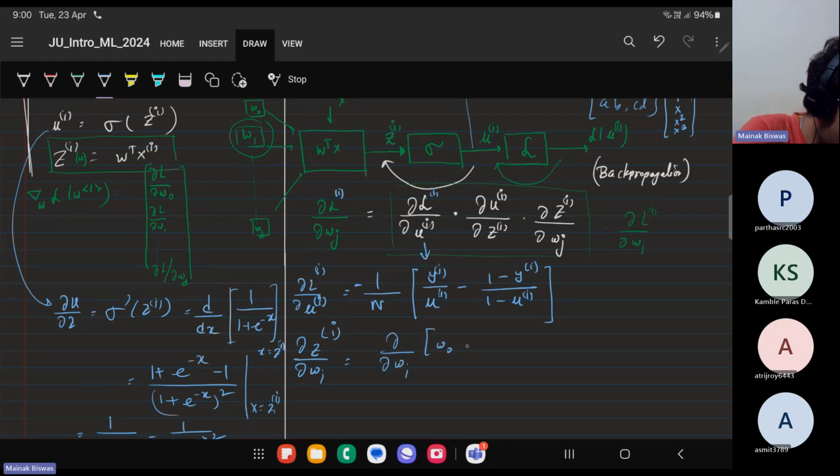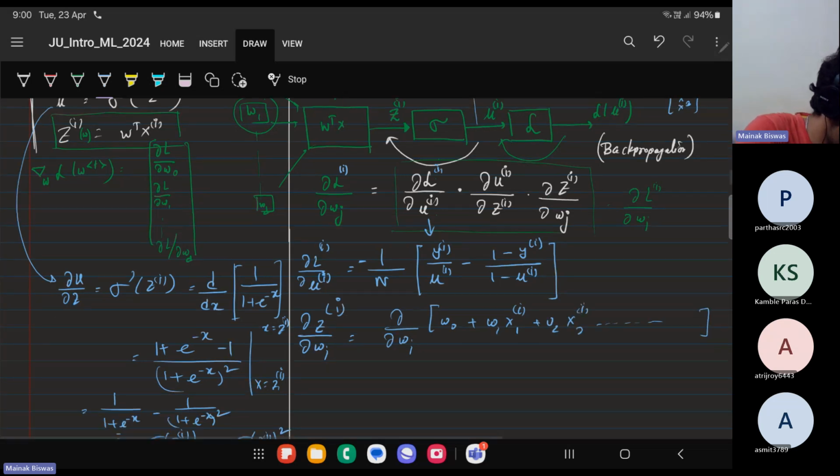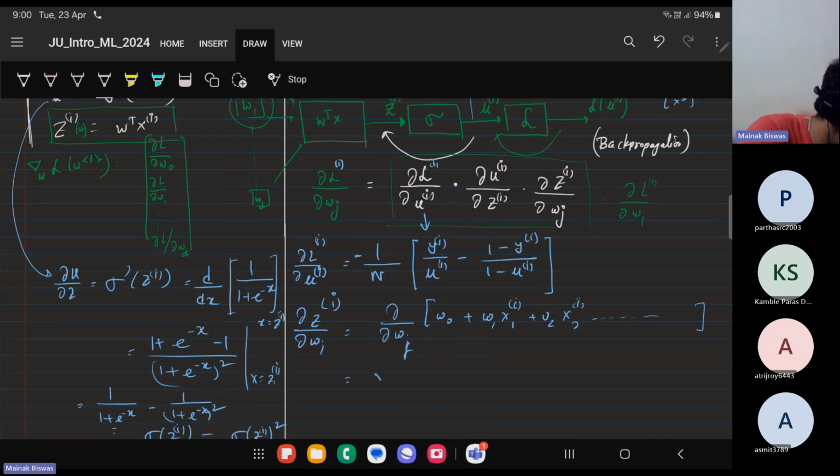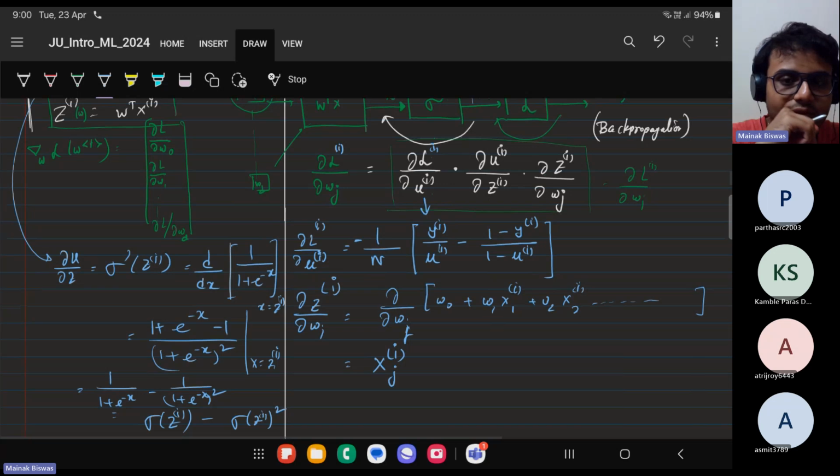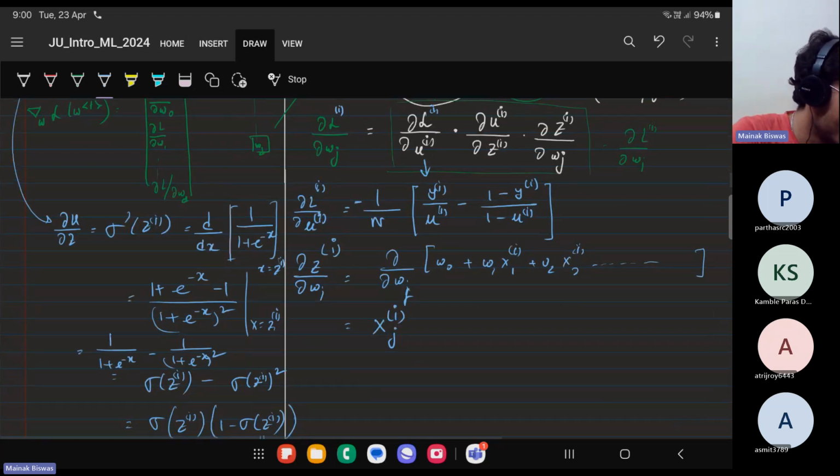Look correctly: w1 xi1, w2 xi2, and so on. So I will get xj of the ith example, yes or no? Xj of the ith example. Let us put all of these together.